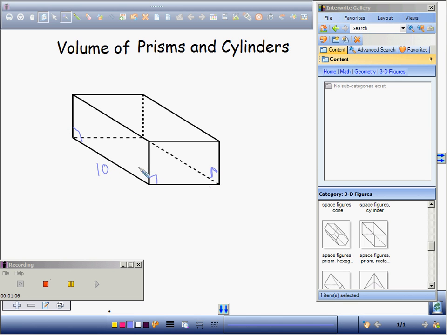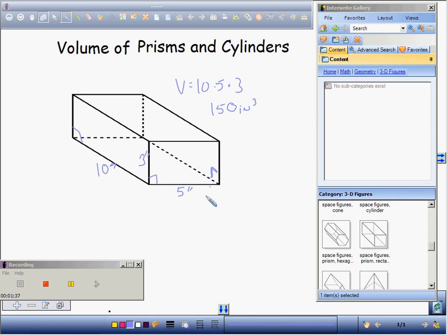If this is 10 and this is 3 and this is 5 over here, you probably already know that the volume of this is 10 times 5 times 3, and you just multiply and you get 50 times 3, which is 150. And if these are inches, then the volume of this figure is 150 cubic inches, which I write like that.